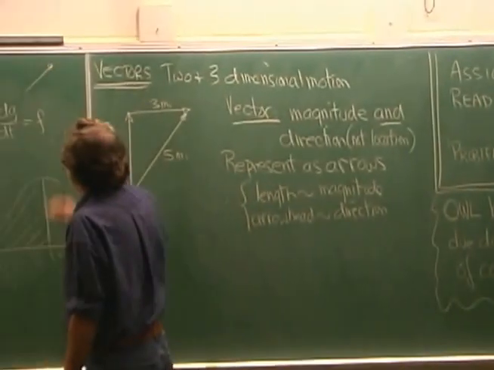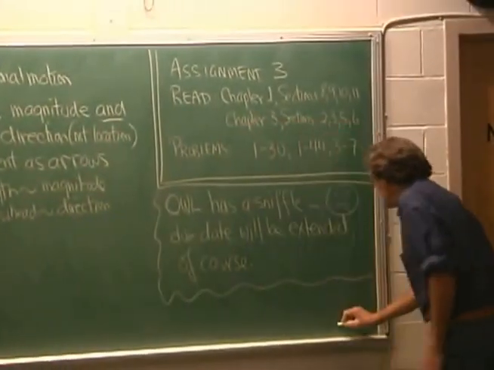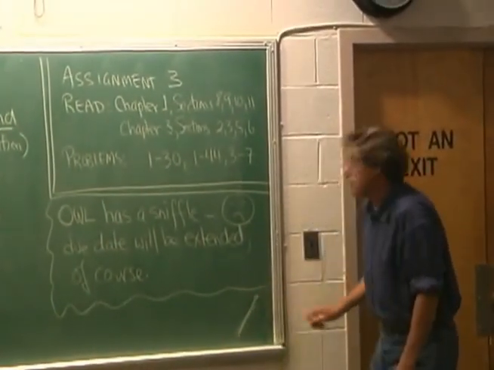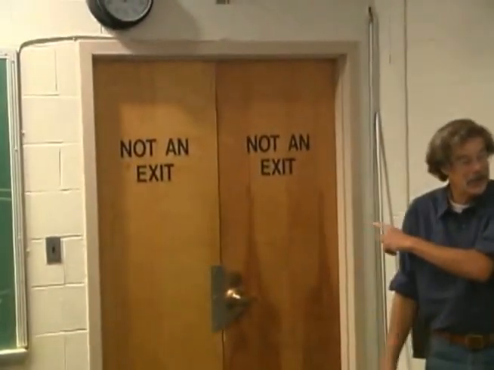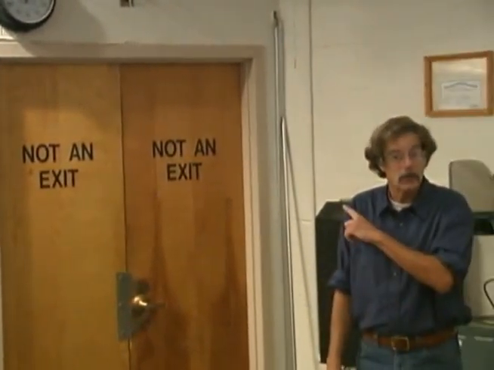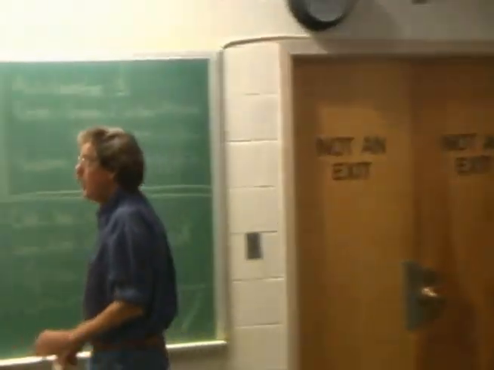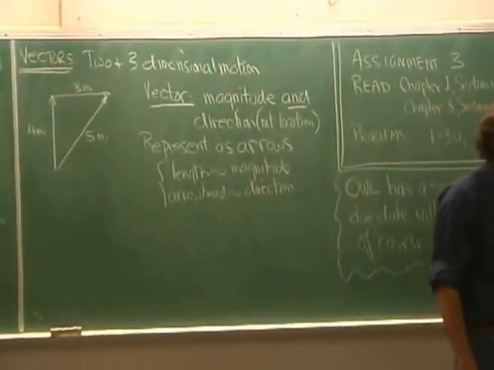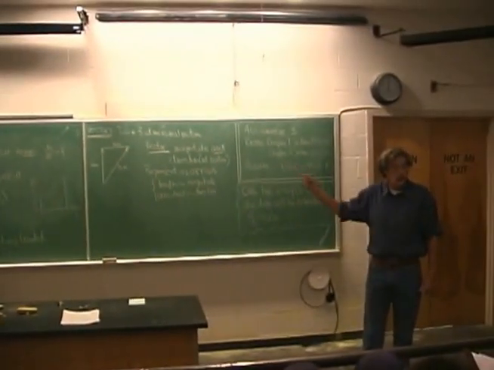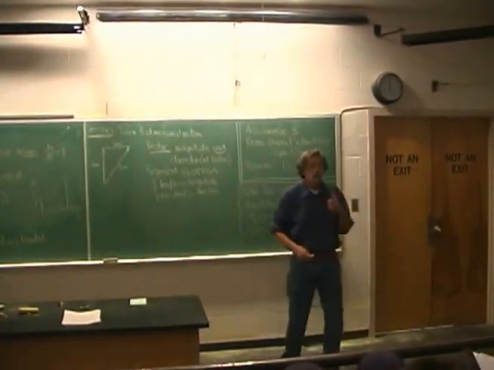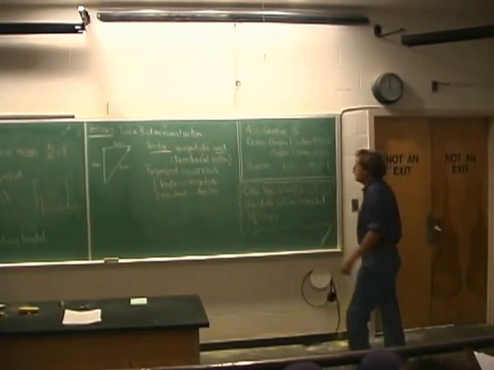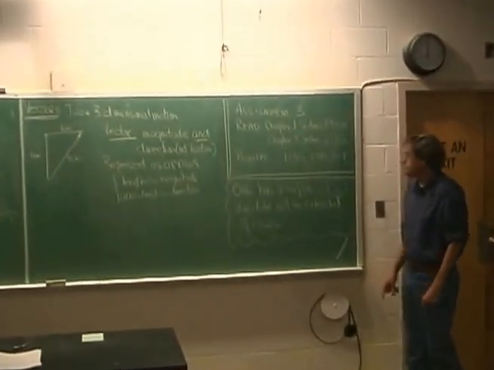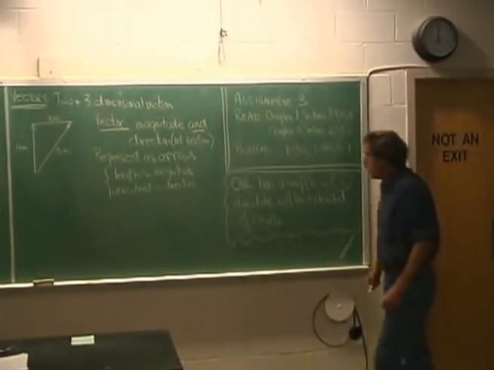This is the same vector as this is, provided they're pointing exactly the same direction, and they've got exactly the same length. That's the same vector. Just as it's the same number, if I wrote the number 3 up here and the number 3 down there, you're not going to tell me that's a different quantity. It's the same number. Numbers don't have any location. Vectors don't have location either. They have magnitude and direction only. So you can slide vectors around at will, just don't stretch them or rotate them, and you still have the same vector.